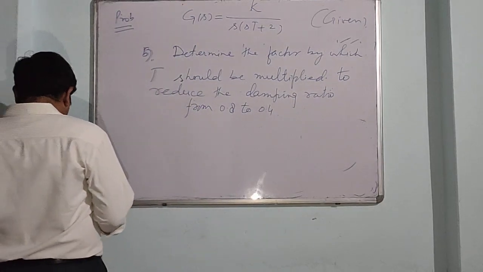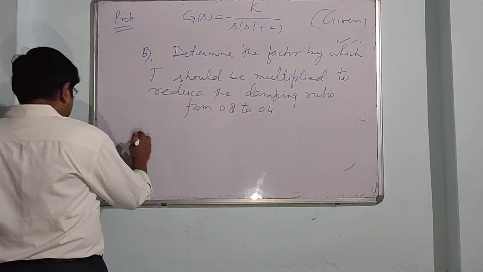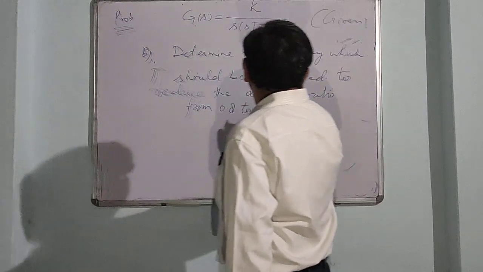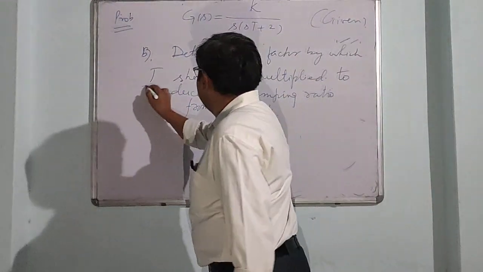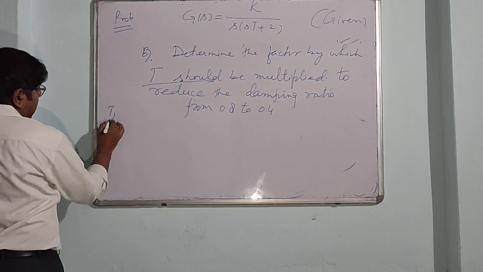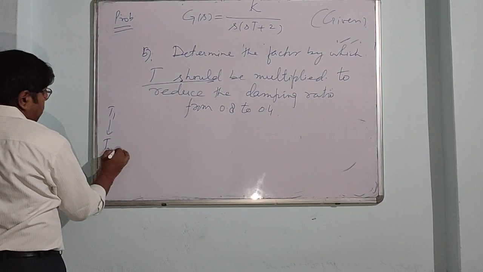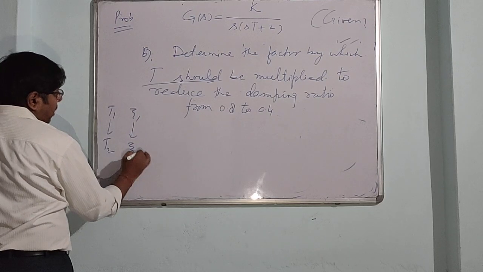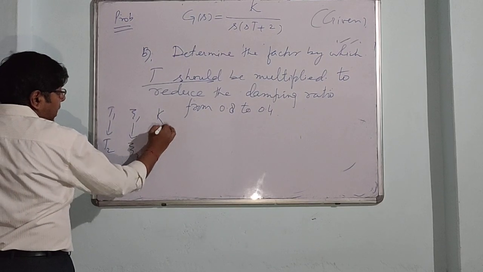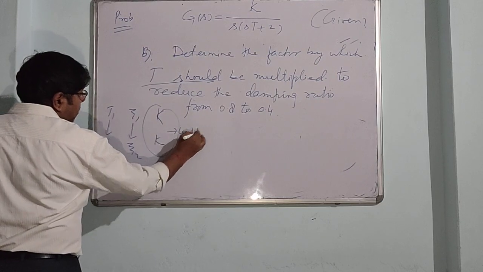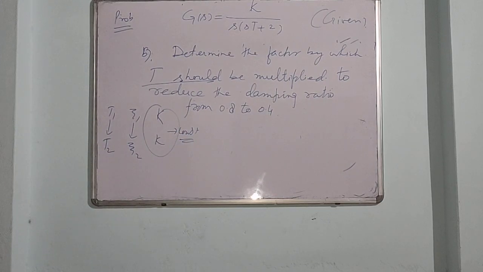So the procedure is the same. This time the time constant T is changing, from T1 to T2. Suppose zeta is changing from zeta 1 to zeta 2, and K is constant. This time this parameter is constant.